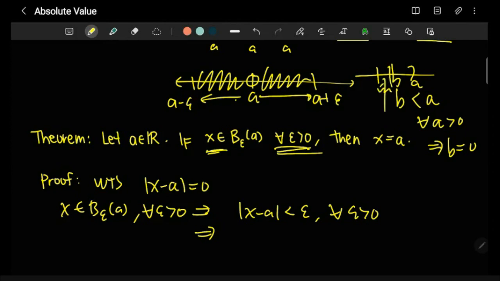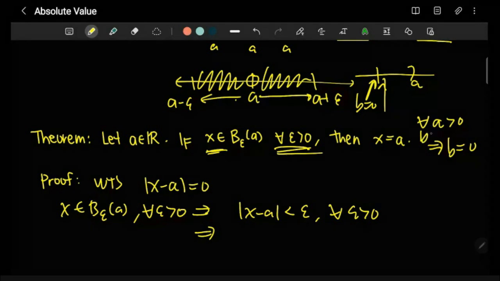Magkakaroon ng point in between. So magiging false yung claim na B is less than any number A. Right? So mangyayari lang yon if B itself is zero. So this can only happen if and only if B is zero. For every A, B is less than A.